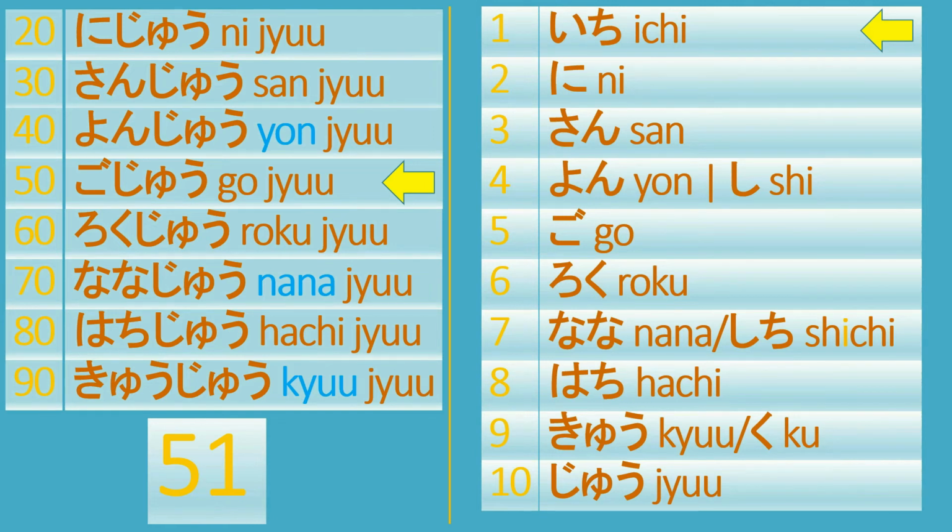Okay? Next is 95. Kyuju-go. Okay? So, let's try counting na wala po yung ating table.